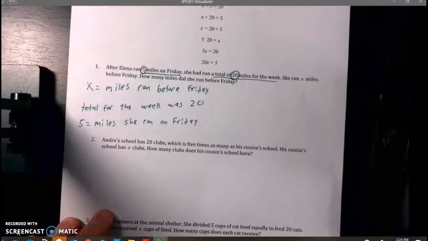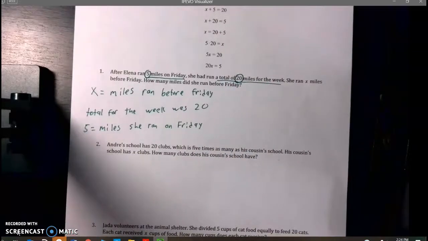So now, when picking which equation we're going to use to represent this situation, we need to think about what kind of operation is happening in this problem. Is it addition, subtraction, multiplication, or division? So, this problem, are we taking her miles on Friday and multiplying them? No. So, if we're looking for her total number of miles, this is actually going to be an addition problem.